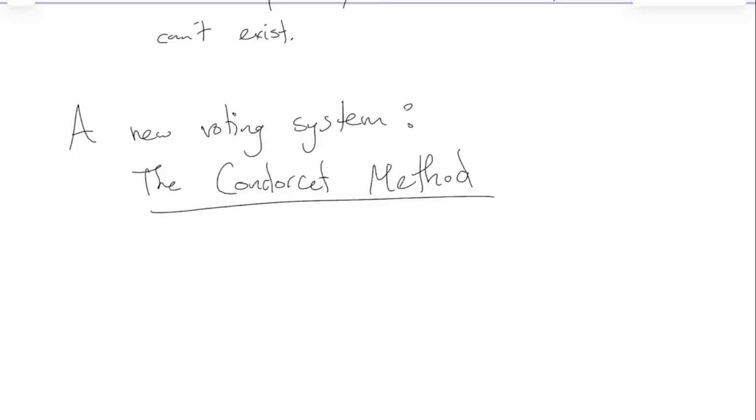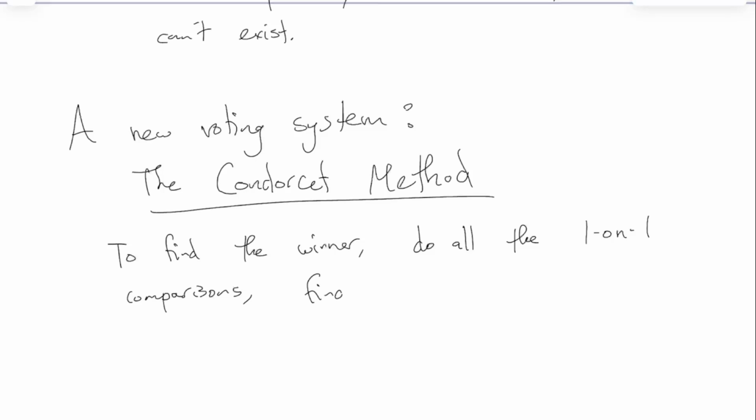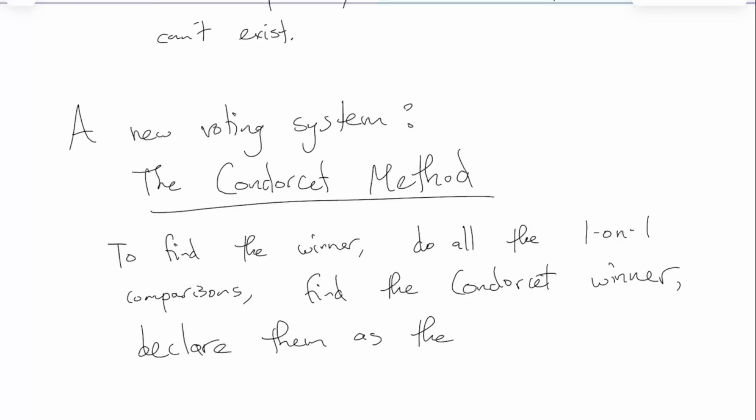And that is to find the winner, do all of the one-on-one comparisons, and then find the Condorcet winner, and then you just say that they win the election and declare them as the winner of the election. This is called the Condorcet method, or Condorcet's method, something like that.